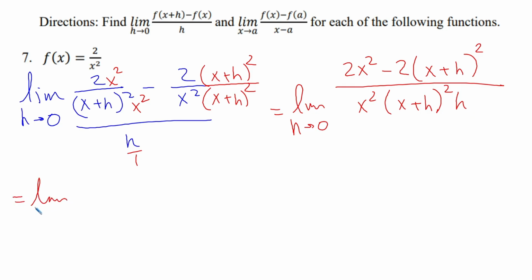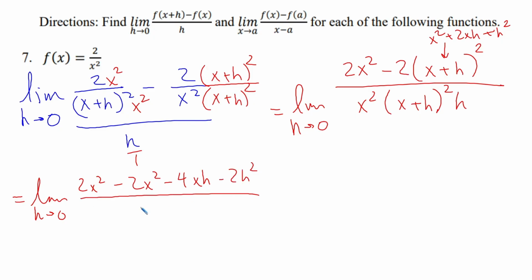It's kind of a mess. Limit as h approaches 0 of 2x squared. And then we know that (x plus h) squared is x squared plus 2xh plus h squared. So if we distribute a minus 2 to that, we'll get minus 2x squared, and then minus 4xh, and then minus 2h squared, all over x squared times (x plus h) squared times h.